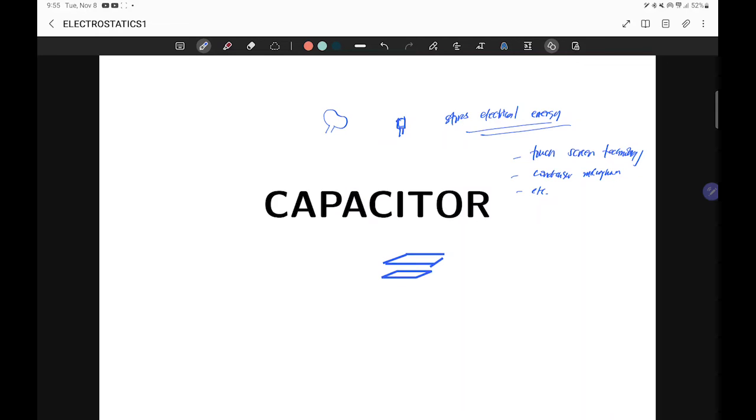Okay, so we have a plane of charge Q. You have plus Q din ha, and sa opposite negative Q, and separated by a distance d. So this is now a simple capacitor. You have positive Q and negative Q. So it really acts like a battery.